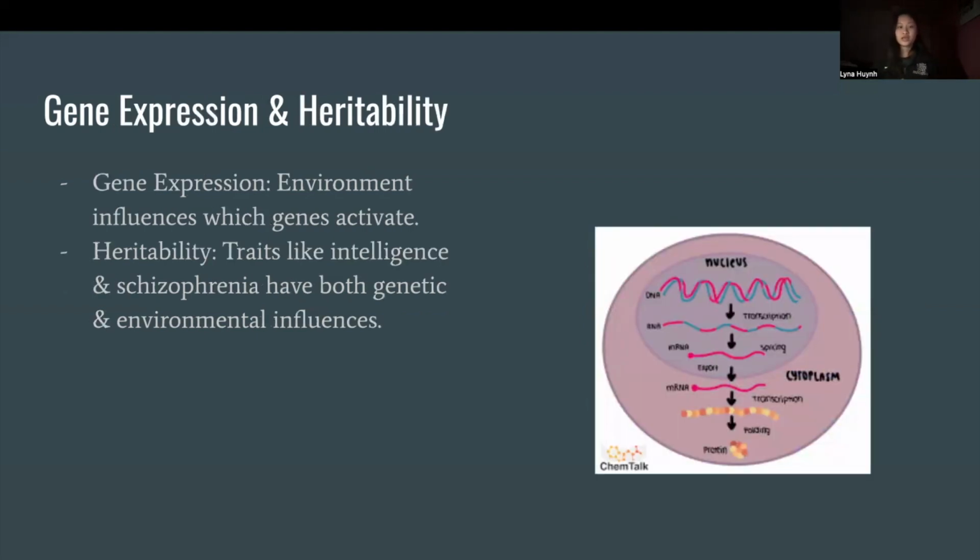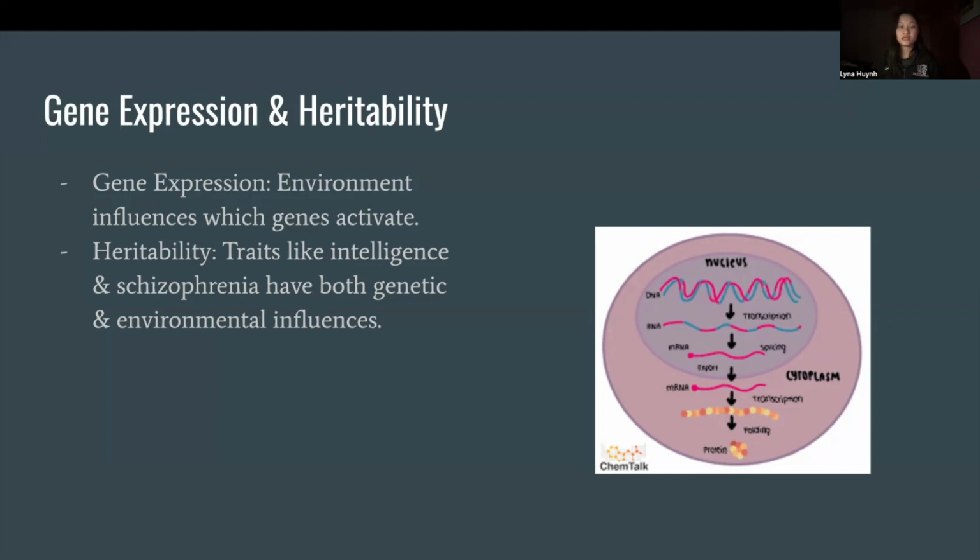So when talking about gene expression, you can see that not only the genetic code can play a role in how genes are expressed, which determine our traits, but also the environmental factors as well, like who we surround ourselves with, how our living situation is, and how we grew up, that can affect how genes can be activated.